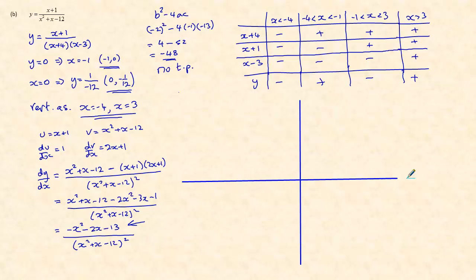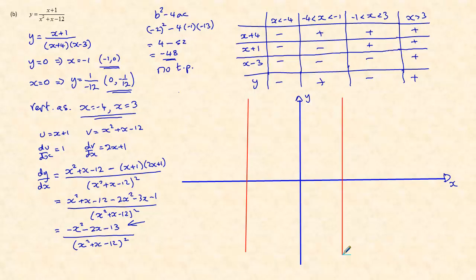So x-axis here, y-axis here. Our asymptotes are at -4 and at 3, so those are vertical asymptotes.